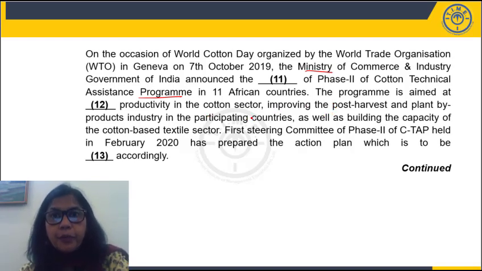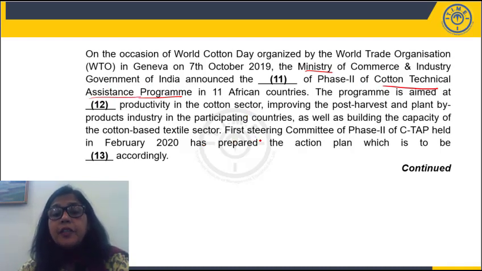So it should be increasing productivity, logically, improving the post-harvest and plant by-products industry in the participating countries, as well as building the capacity of the cotton-based textile sector. So this was to be the objective, the aim of Phase 2 of Cotton Technical Assistance Program.